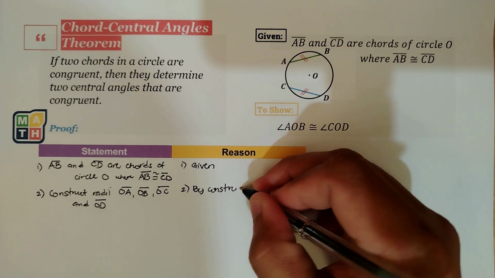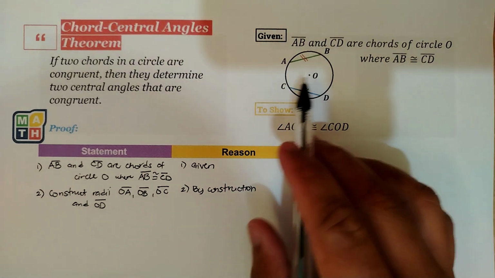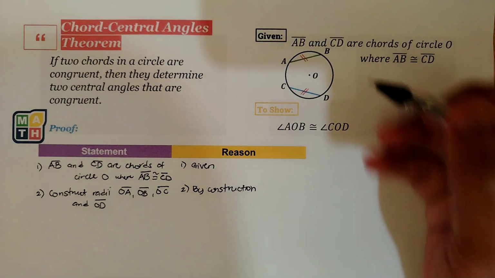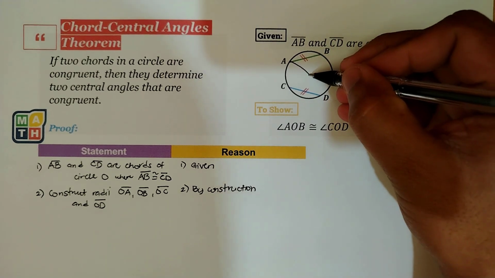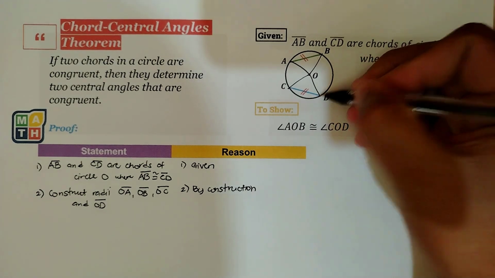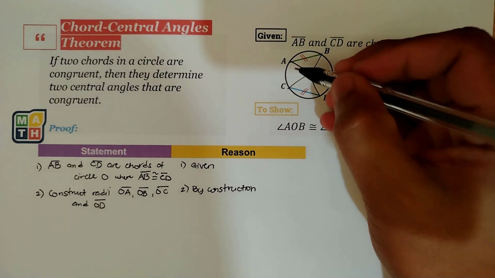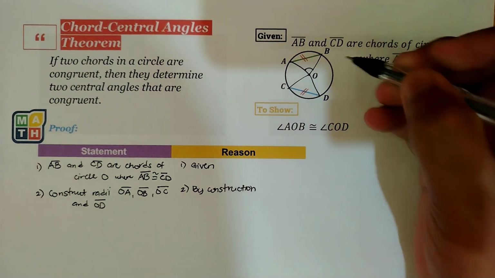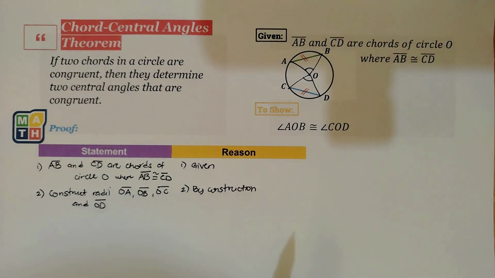So we need this because in our given figure, angle AOB and angle COD are not observable. But by doing this, we have radii OA, OB, OC, and OD. So we have now developed this angle here, AOB and COD, so that we could establish this relationship.